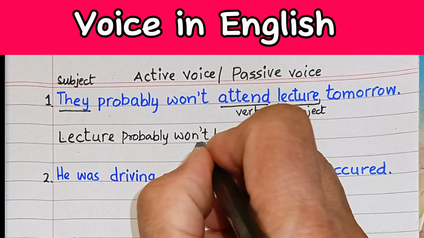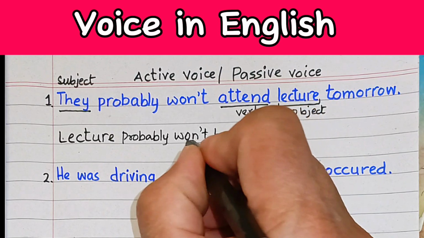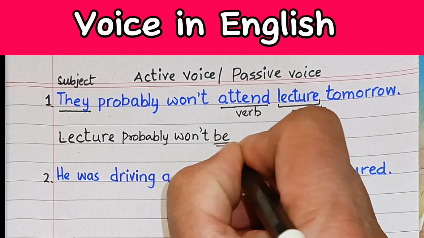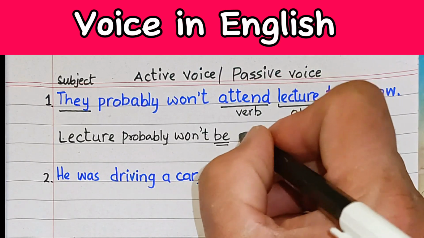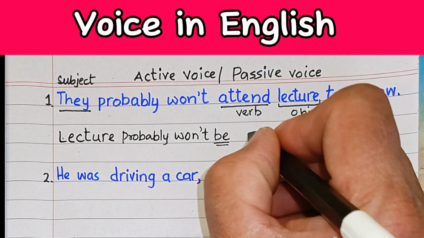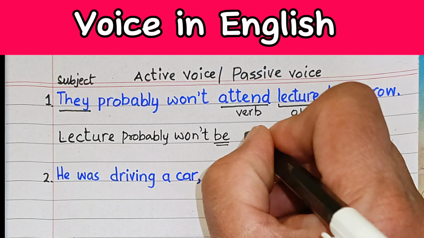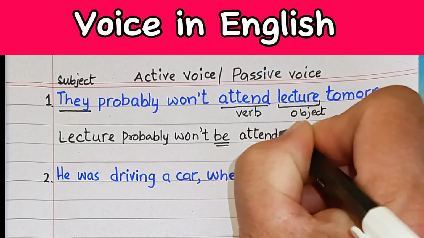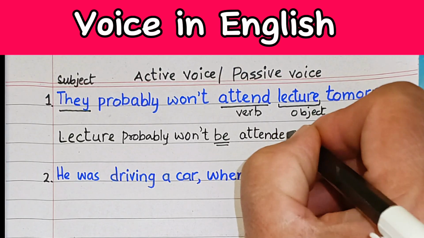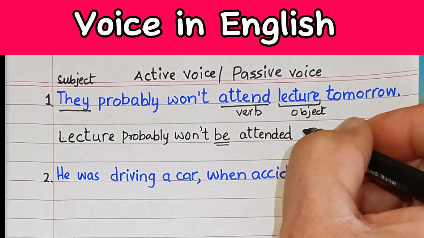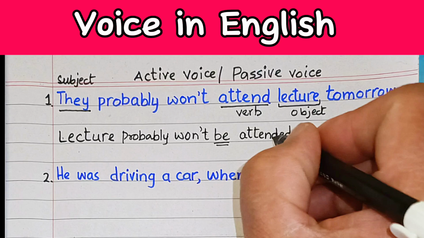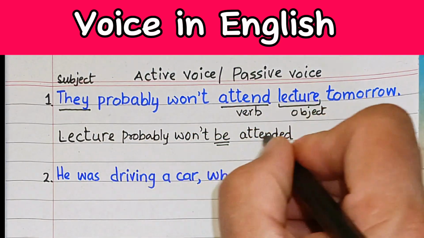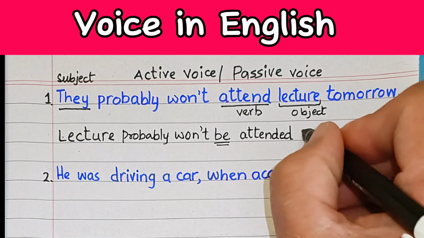We know that will be or shall be are there once we convert active into passive, so we add only one, that is be. Then there will be the past participle form, or the third form of the verb: won't be attended. We know that passive voice has the third form or past participle once we convert it from active. So lecture probably won't be attended by them.